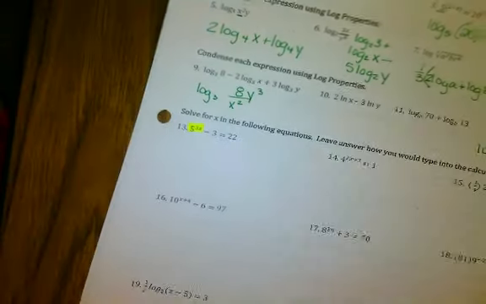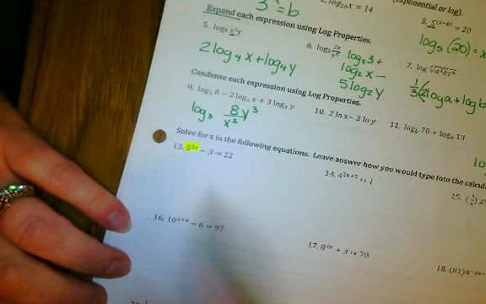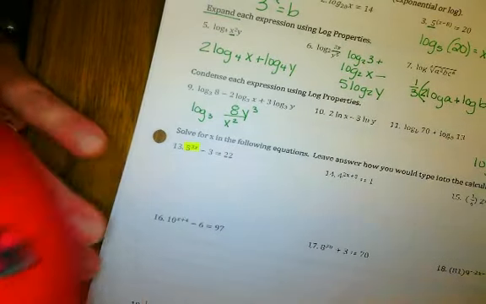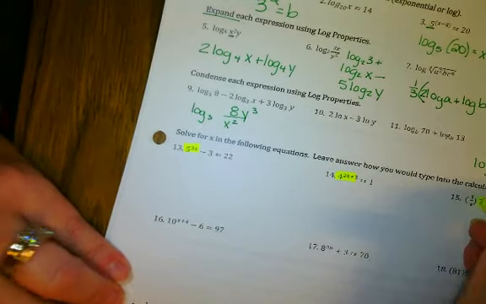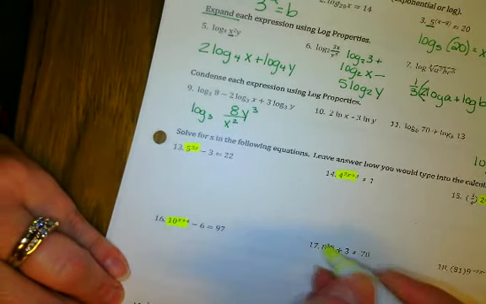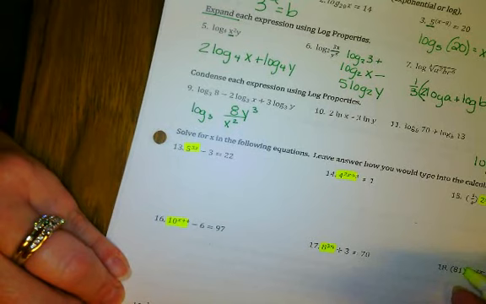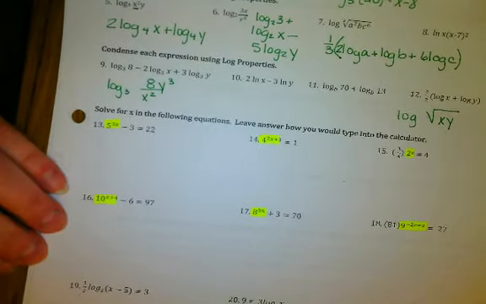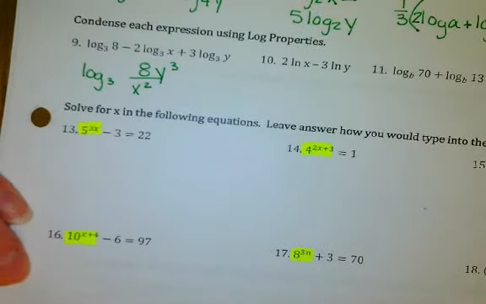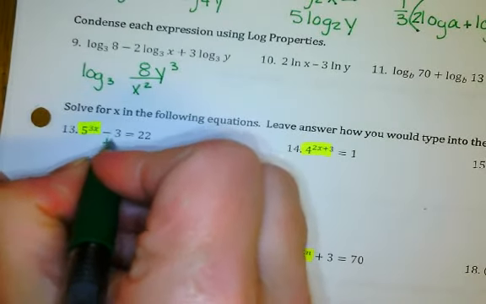Okay, on these here, you are solving them. So the main thing here is you really want to try to get that base and that exponent by themselves. So once you get that base and that exponent by themselves, that's when you have to convert it. So for instance, on 13, I'm going to add that 3 over.